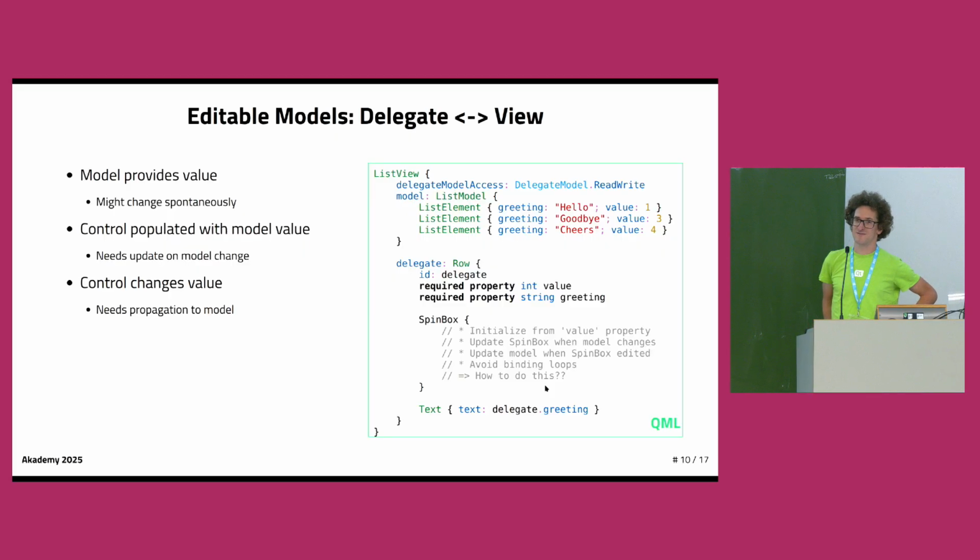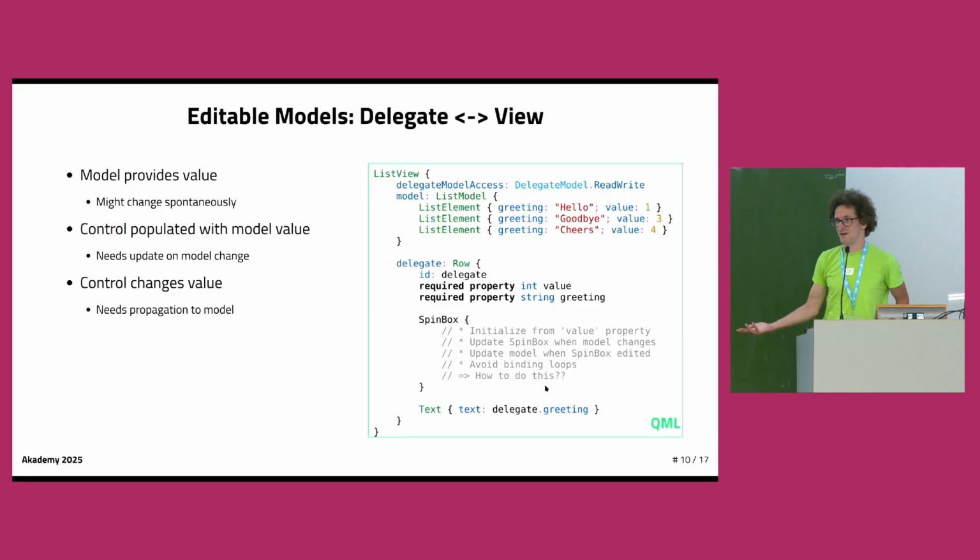Then that's kind of a bummer, right? You want the spin box's value to be updated from the model, via the required property, and you also want the spin box, if it's triggered by the user, or if the user clicks on something, to update the required property and thereby the model.